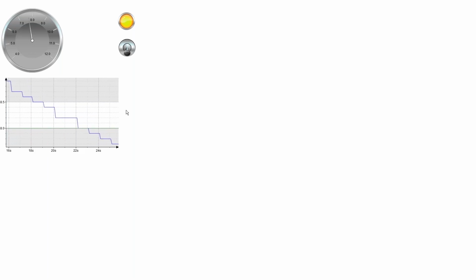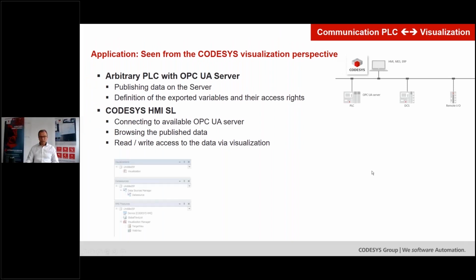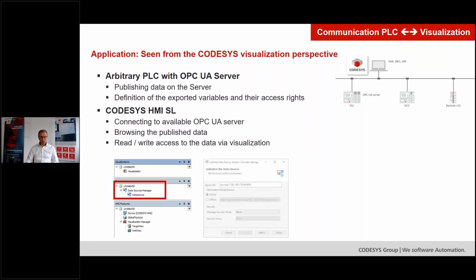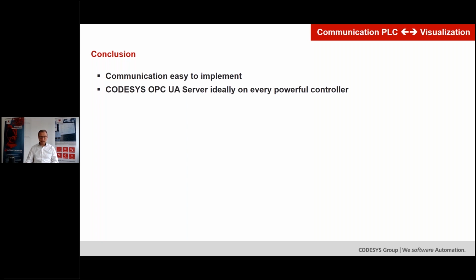Okay, let's go back to the PowerPoint. Switch on the camera again. So we have seen how we can use CODESYS HMI SL with the data sources, establish the OPC UA connection by the URL, browse the available variables, and use them in our visualization screen. So the conclusion is the communication between PLC and visualization is quite easy to implement.